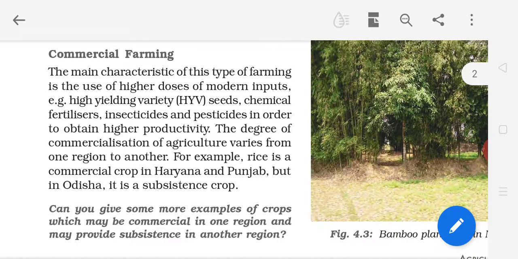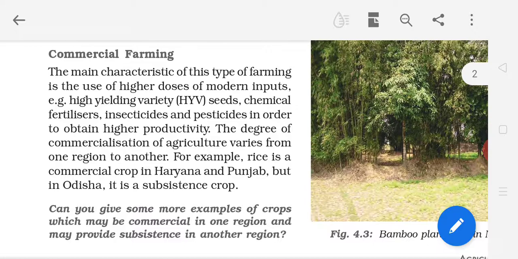So modern inputs which are used in commercial farming, for example, high yielding variety HYV seeds, chemical fertilizers, insecticides and pesticides in order to obtain higher productivity. So all these are used in commercial farming to produce more and more farm production.